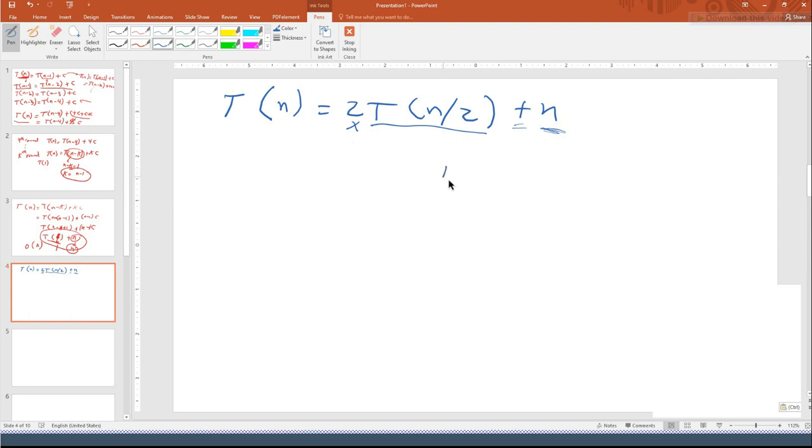So I can say that n here is the root, and this root is added to two functions, T(n/2) and T(n/2). Why do I repeat it 2 times? Because here I have the number 2, so it is repeated 2 times.